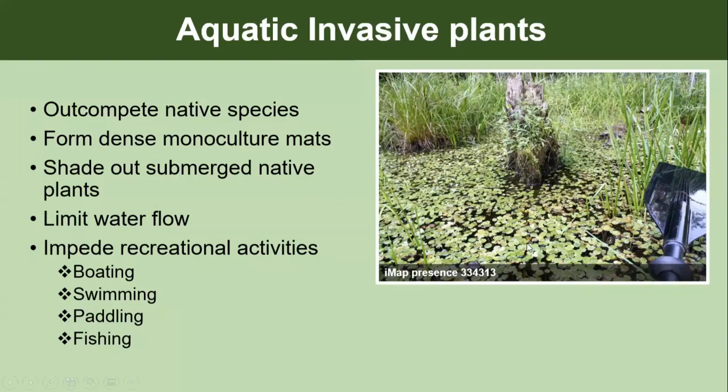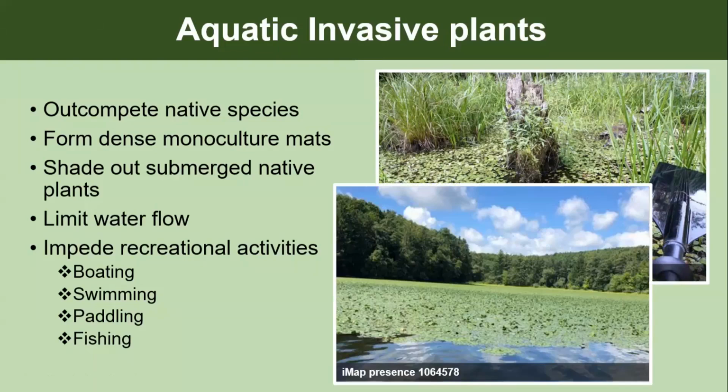On the right, there's a picture of what a European frogbit infestation looks like, and you can imagine that could also impede recreational activities. Boating, swimming, paddling, fishing can all be affected by these dense mats of monocultures of aquatic invasive plants. And here's another example of a really extensive infestation of water chestnut, and you can imagine how hard it would be to kayak through that, for example.